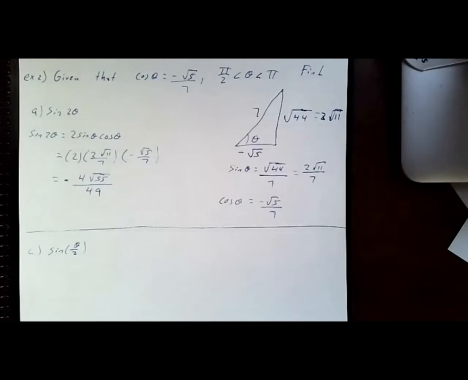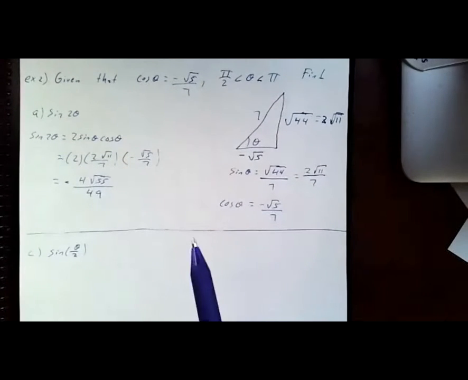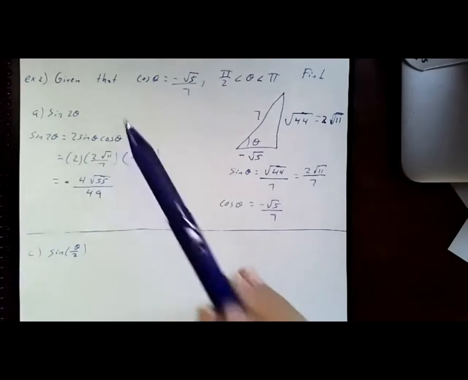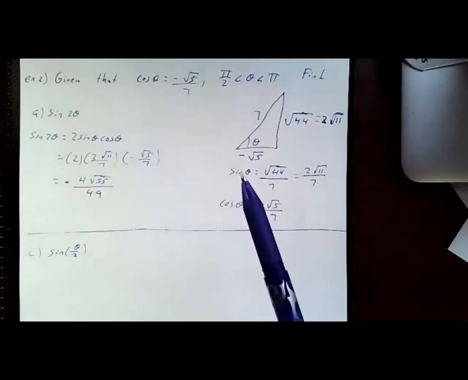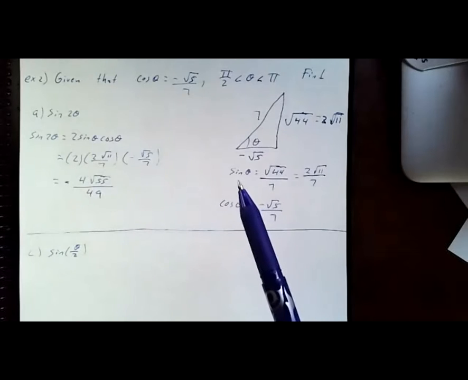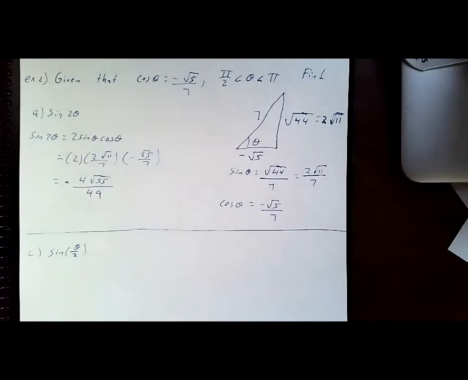Yeah, technically this would be 2 theta, so it'd be double. So basically what we're doing is finding the double angle using the definitions of the original angle.